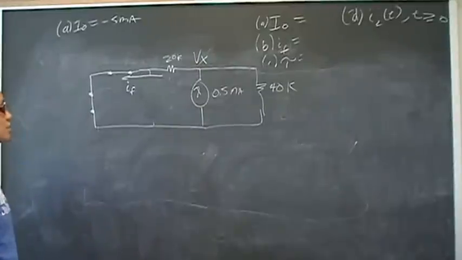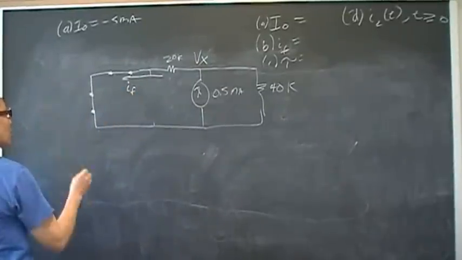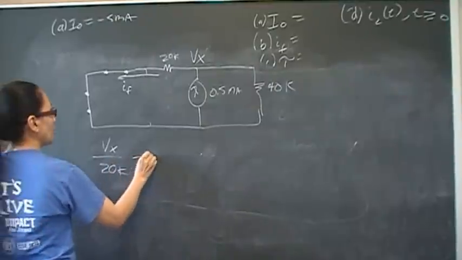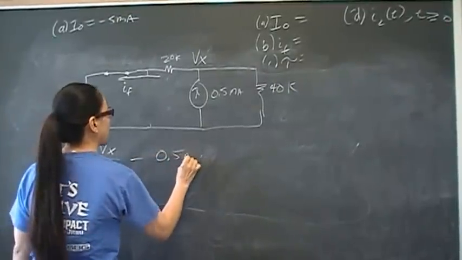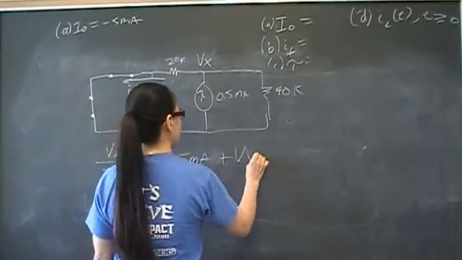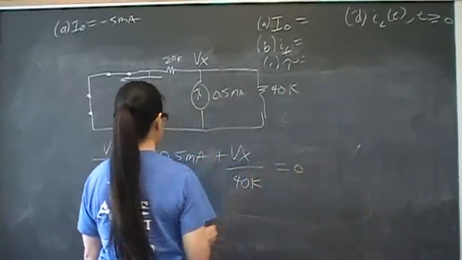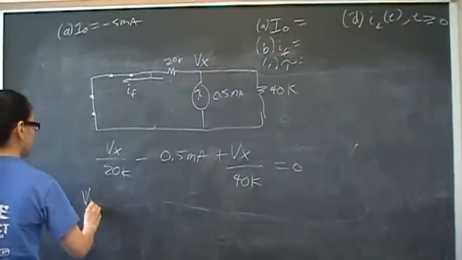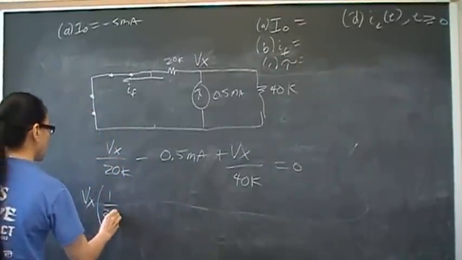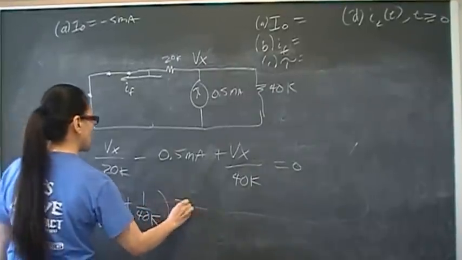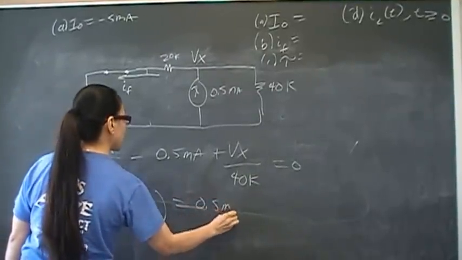So current is V over R. So the nodal equation there is Vx over 20K minus 0.5 milliamps plus Vx over 40K, all that is equal to 0. So then Vx times 1 over 20K plus 1 over 40K, that's going to equal 0.5 milliamp.